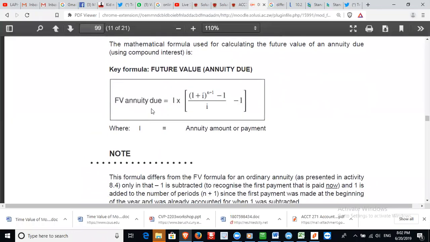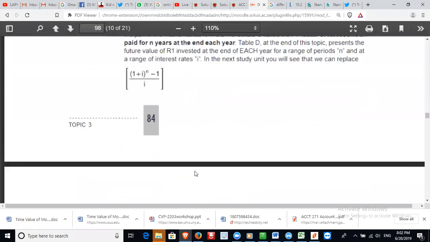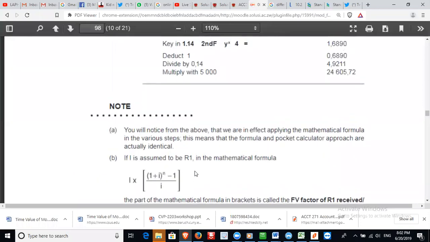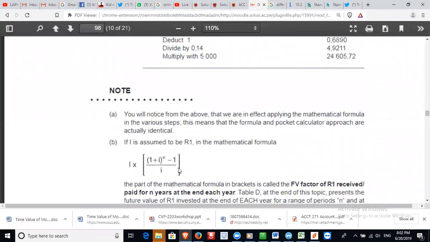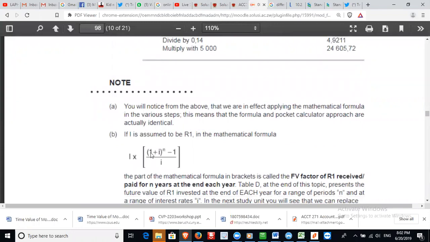A future value annuity due, the formula is I, that is the annuity amount, multiplied by 1 plus interest. Take note that these formulas are more or less the same, but they differ somewhere. For future value annuity, we're saying 1 plus I to the power n.